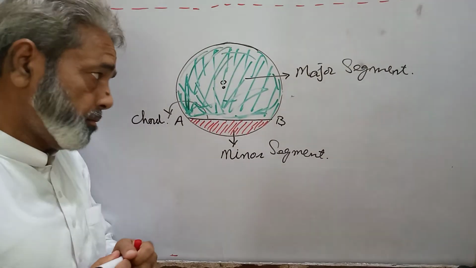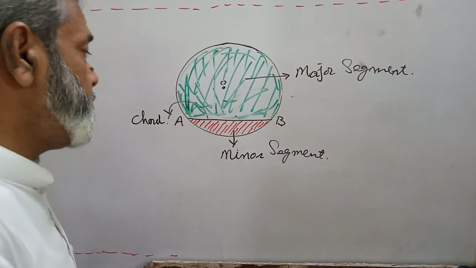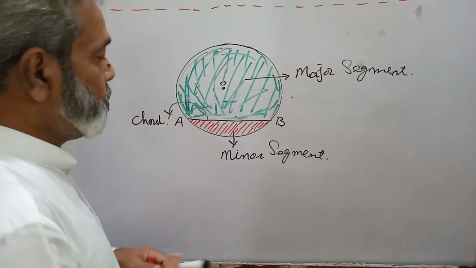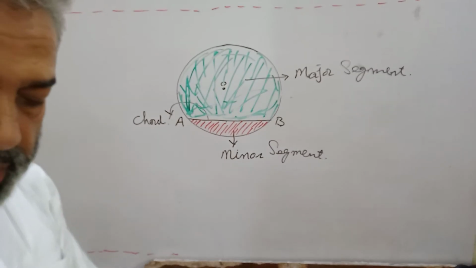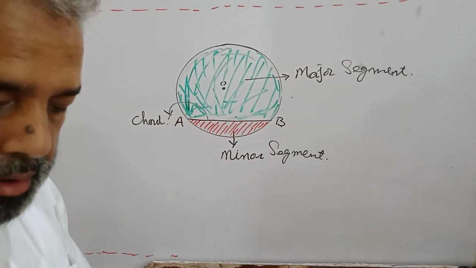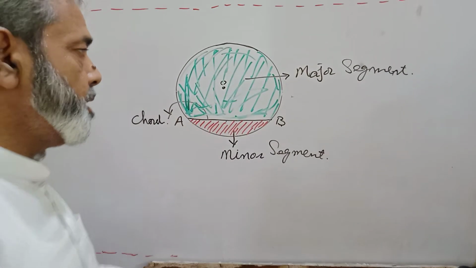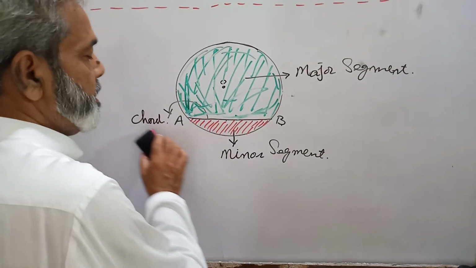Now, when we join O to A and B, OA is the radius and OB is also the radius. I will draw a new figure for this explanation.